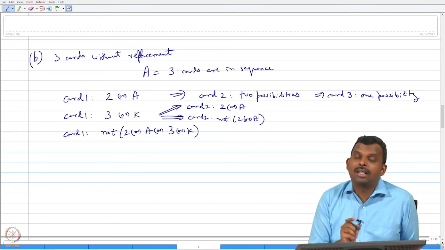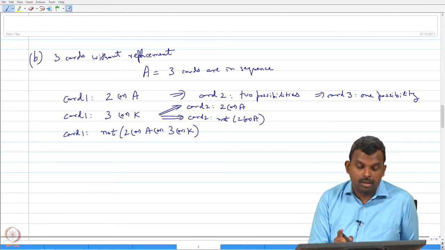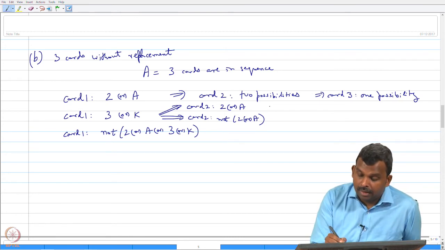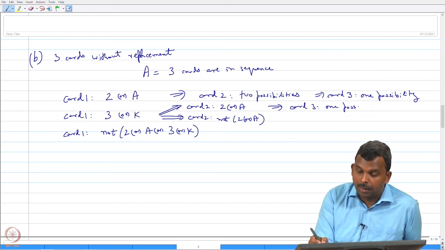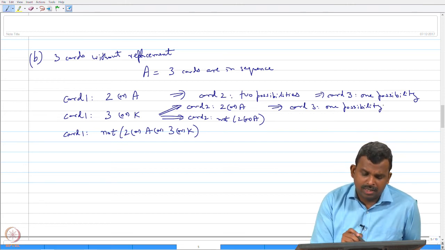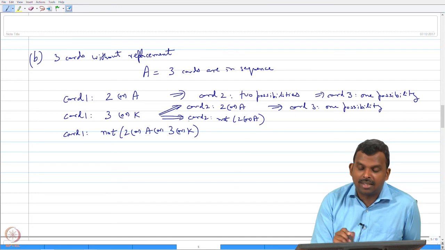So, if card 1 is 3 or king, you can have situations where card 2 could be 2 or ace. If card 2 is 2 or ace, then you have card 3 being only one possibility, right. So, one needs to do this bit carefully, as in if you had a 3, you have to only consider 2, you can't have ace. And if you had a king, you have to look at ace. So, that case has to be properly handled.